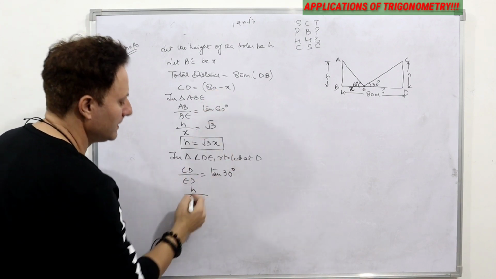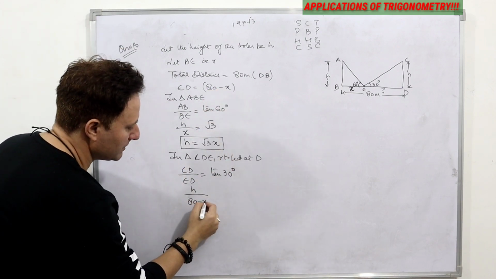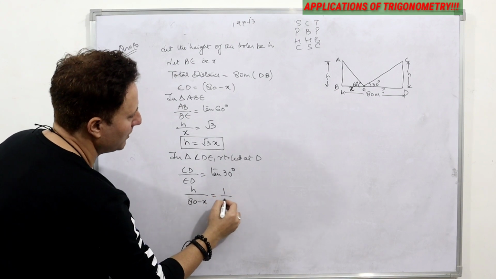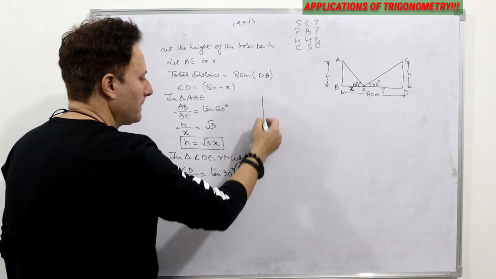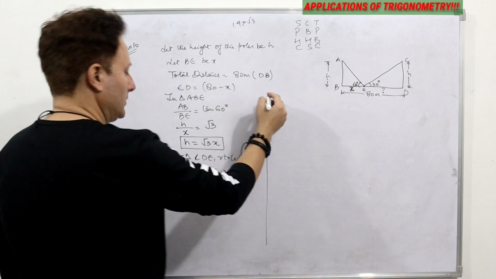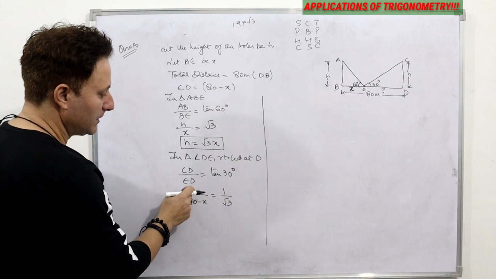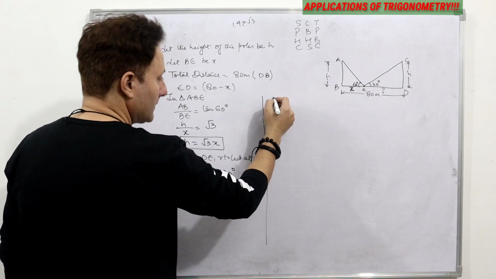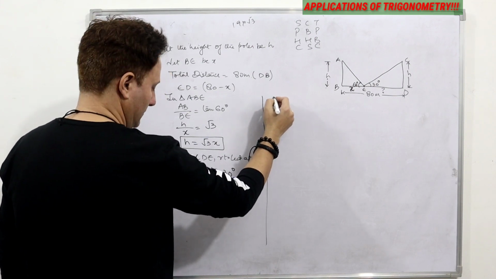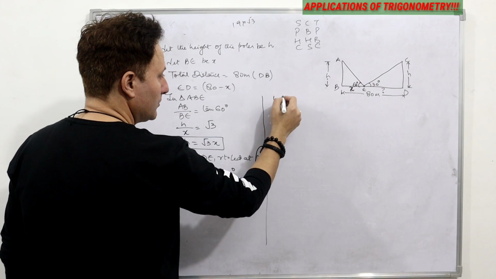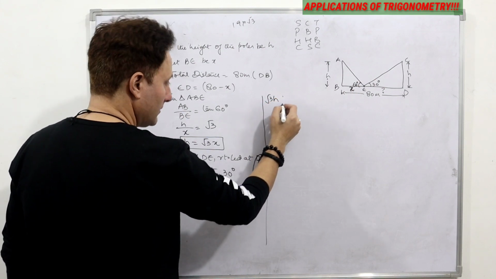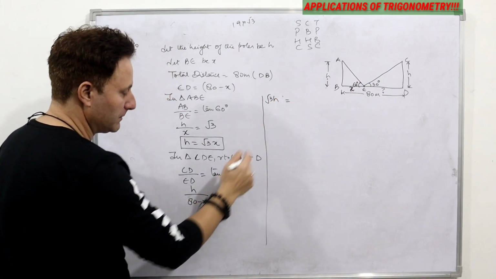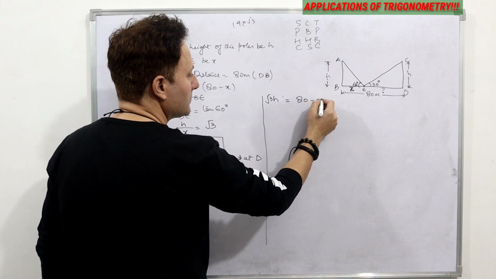I just said ED is 80 minus x. Tan 30 is 1 upon root 3. Now h multiplied by root 3, or I'll say root 3h is equal to this multiplied by this, 80 minus x.